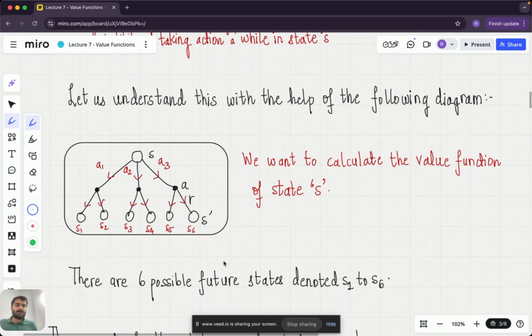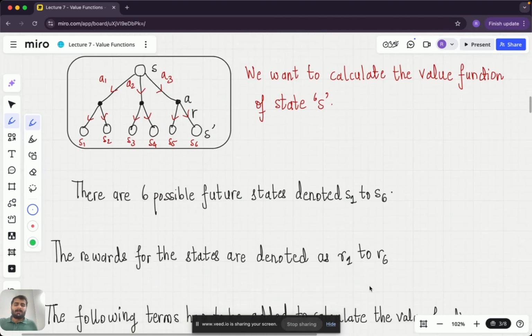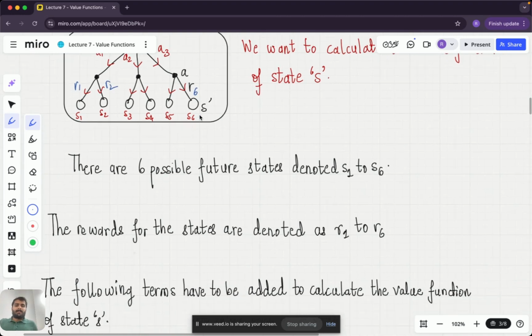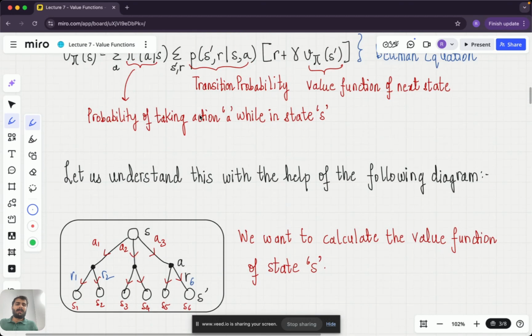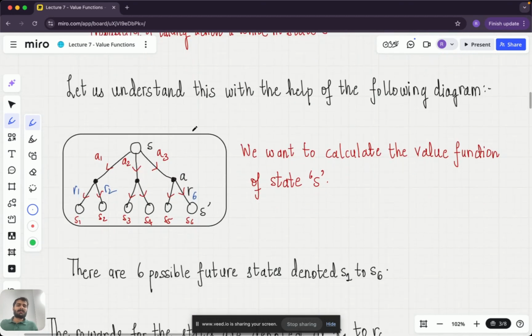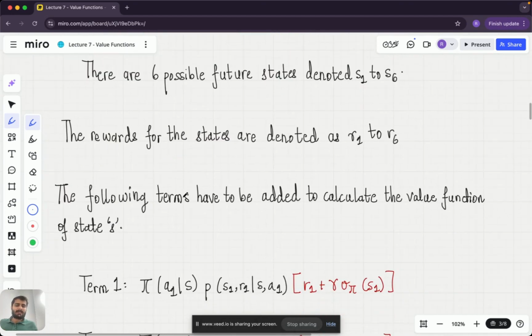There are six possible future states which are denoted by S1 to S6, and the rewards for these six possible states are denoted by R1 to R6. This is R1, this is R2, and then dot dot dot, this is R6. Now let us use the Bellman equation to find out how we can express the value function of this state in terms of the value function of all other states.